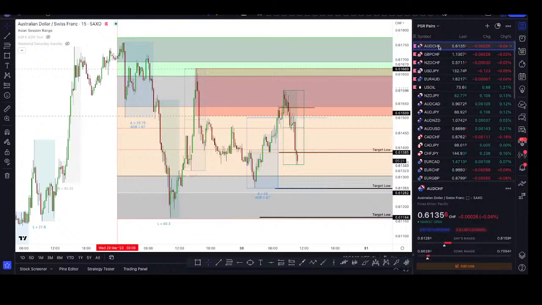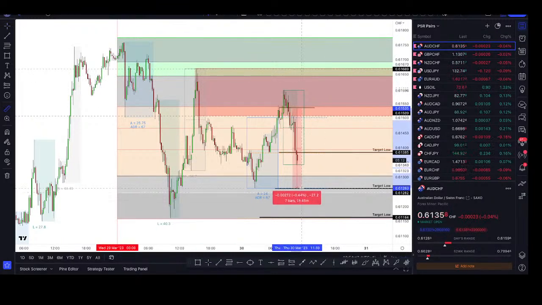It'll probably hit the Asian low for TP2. How many pips is that? I think it was 30 pips. So from our entry, only 27 pips. It's a small pair anyway. So 27 pips to there. Still money. If we're able to catch 27 pips 4 days of the week, boy, we're going to be chopping, mate.